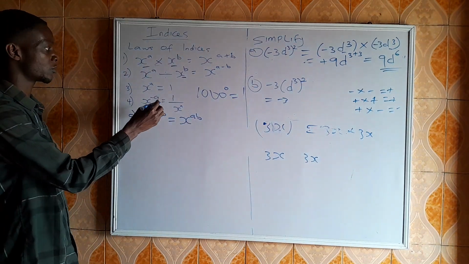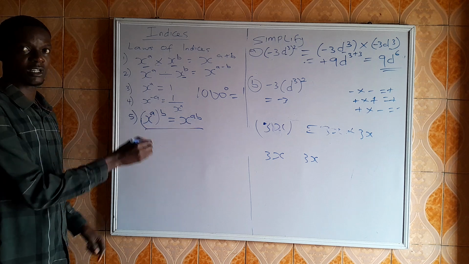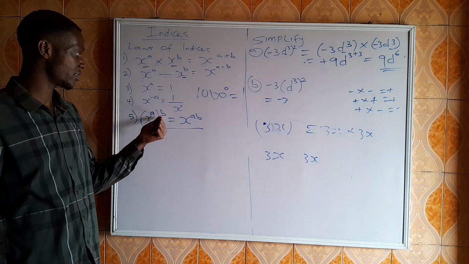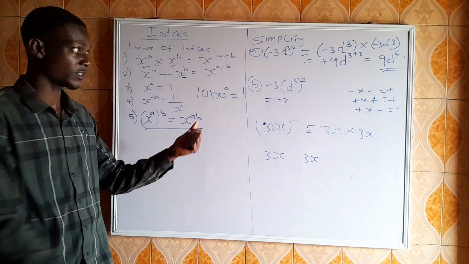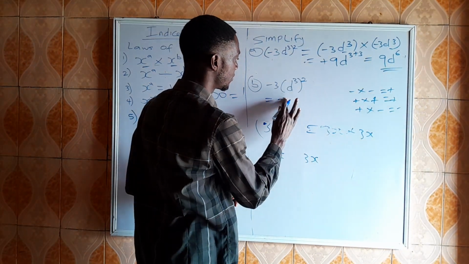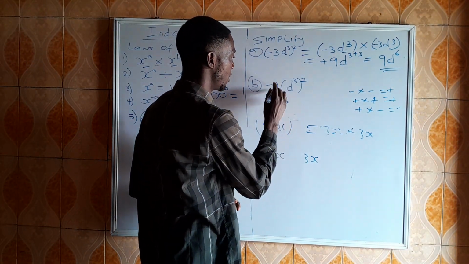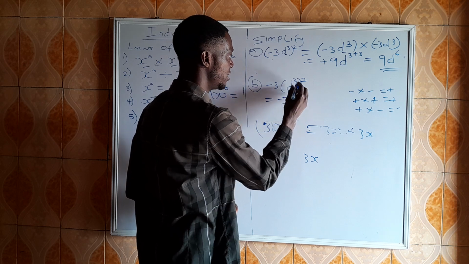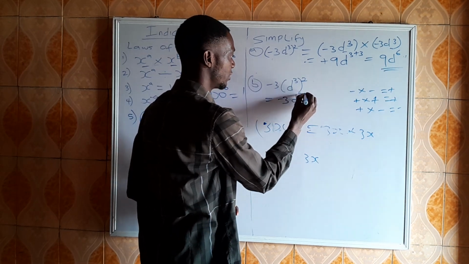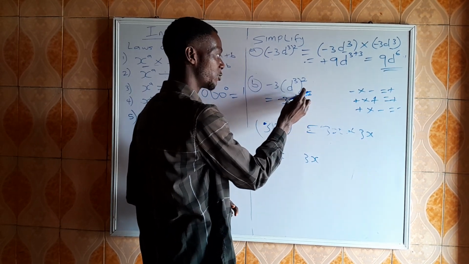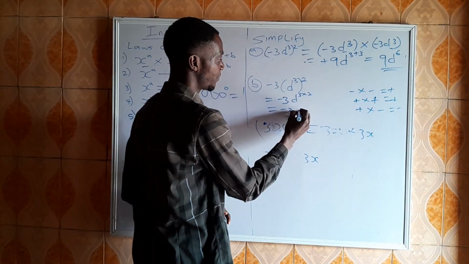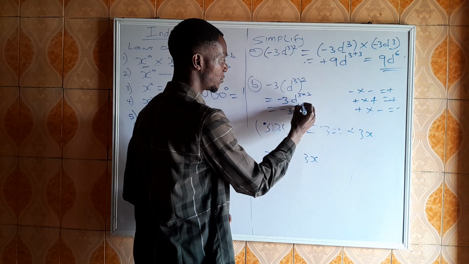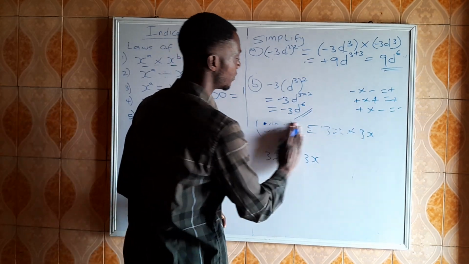Now remember this rule: when you have s raised power a, then everything raised power b, it will be s raised power ab, just like a times b. So this will be minus 3, then d raised power 3 multiplied by 2. So you have minus 3d raised power 6. You have this.